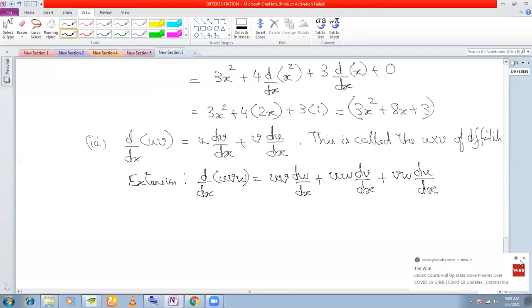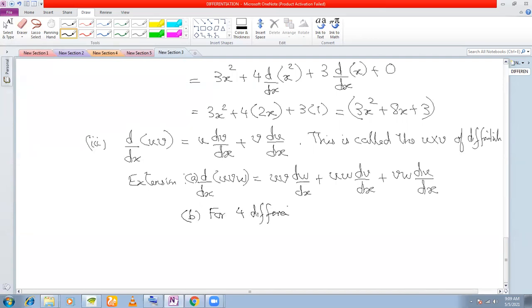You want this for 4 functions also. For 4 functions, let's write, just for your understanding, I'll give you for 4 functions also. For 4 differentiable functions, although we don't normally use 4 functions, but this is just for your understanding.